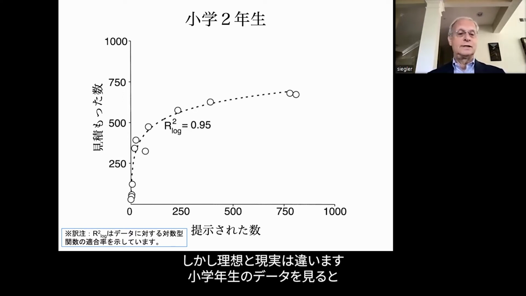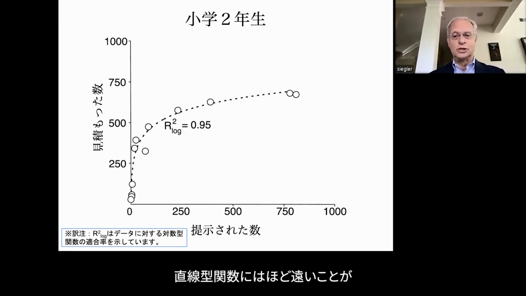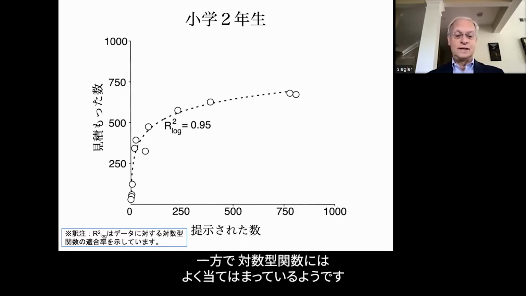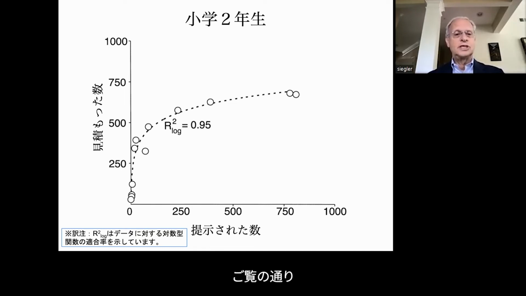But in fact, the function of the second graders on these 0 to 1,000 number lines didn't look much like that at all, but it did fit very well to a logarithmic function. So you can see that the logarithmic function accounted for 95% of the variance in these second graders' estimates.